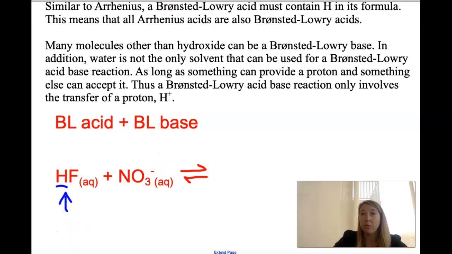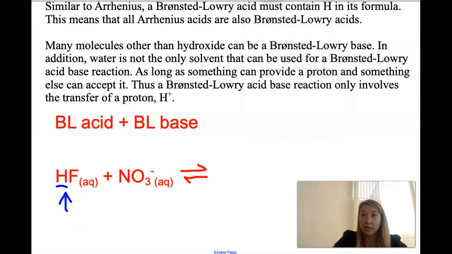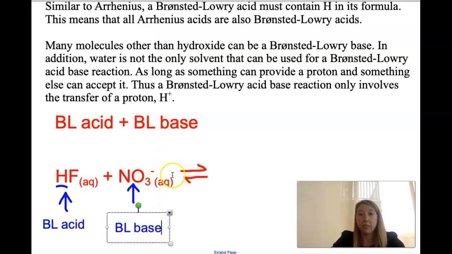So this is going to be my Bronsted-Lowry acid, because it has the extra H. That means the nitrate over here has no H, so this is going to be my Bronsted-Lowry base.